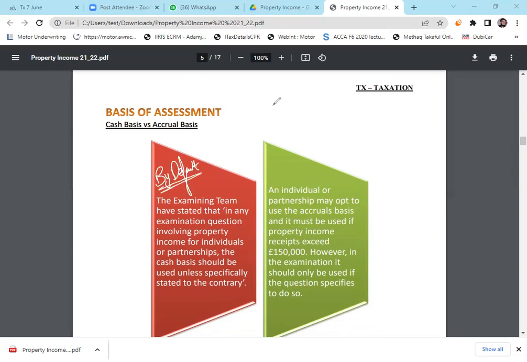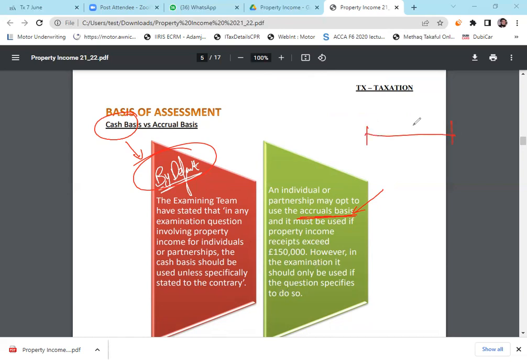By default means if the question is silent, you have to use cash basis. If the question is silent, they are not telling you which basis you should use, you have to use cash basis. But if the examiner specifies, then only you will adopt accrual basis. Accrual, the examiner will demand you to do so. By default, it's cash basis.